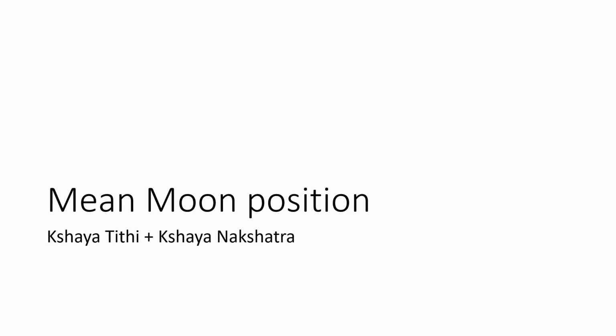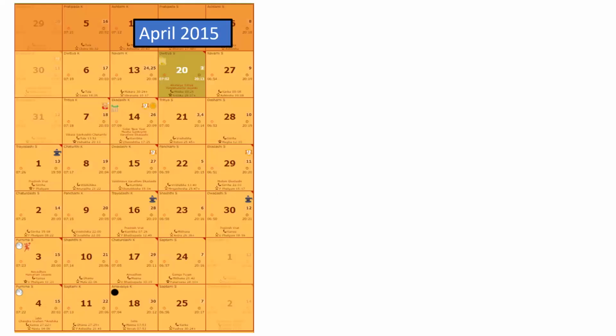However, in this module, I want everyone to focus on understanding Kshaya Tithi, what it means, and understanding Kshaya Nakshatra and what it means. We are going to use the same calendar, the same specific year that we are employing, that is the year 2015.